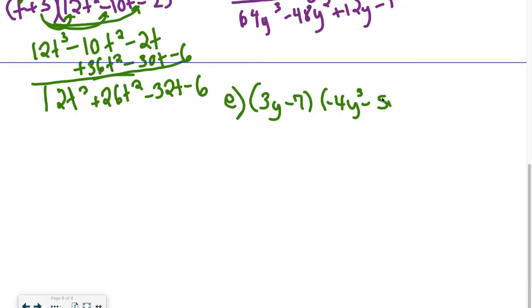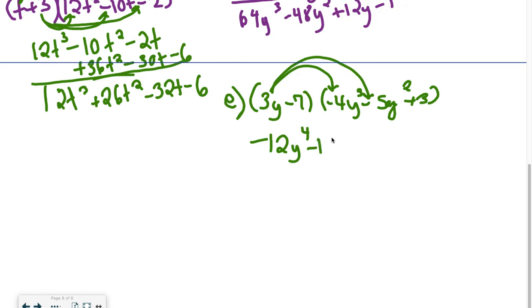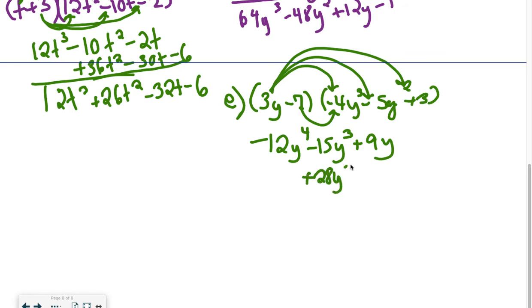So it was negative 5y squared plus 3. Negative 12y to the 4th, minus 15y cubed, plus 9y. Now that's a 28y to the 3rd, so again I like to line everything up.